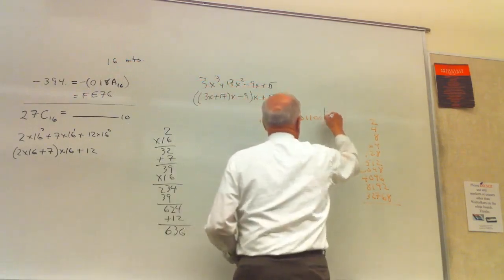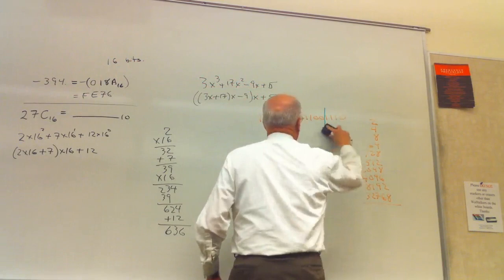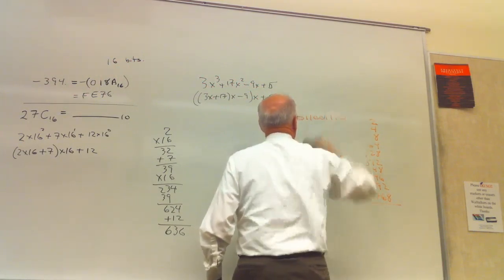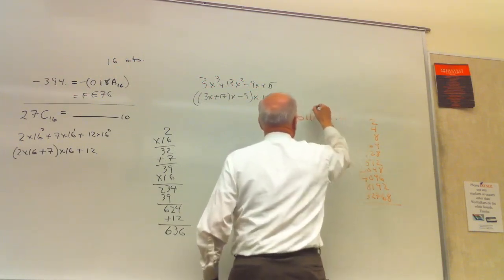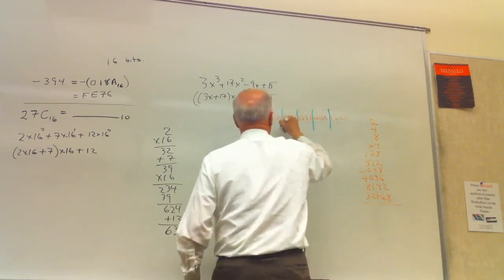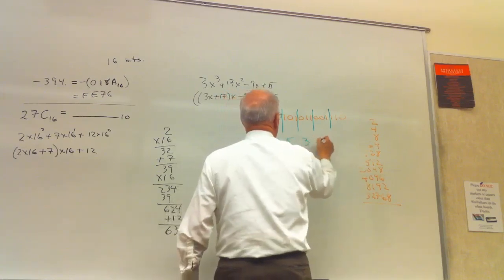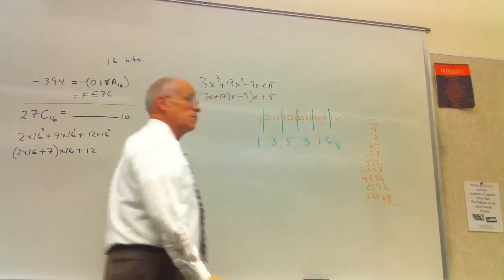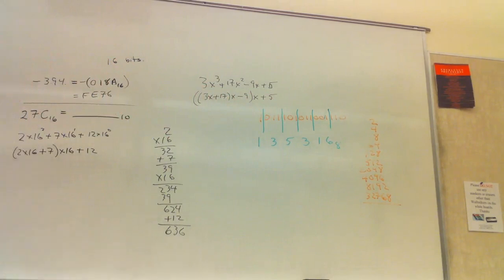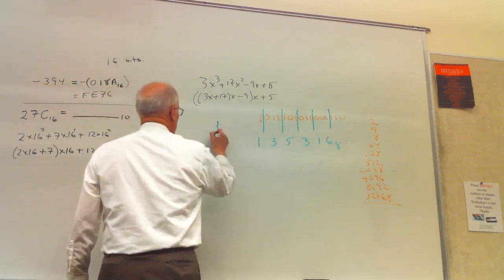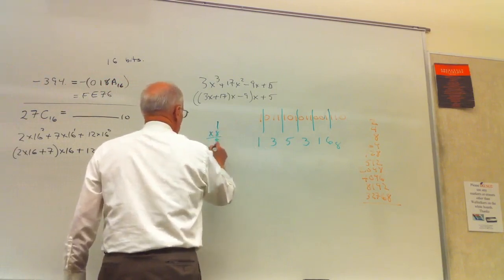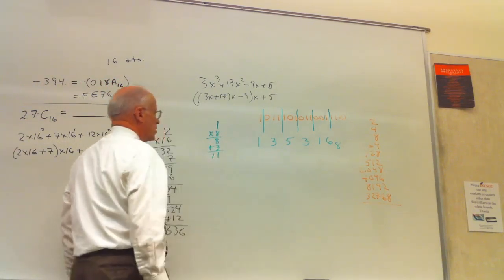Instead of doing that, well, I've done it in terms of hex. Let's do it in terms of 3 digits. Do it in base 8. In base 8, we have 1, 3, 5, 3, 1, 6. Base 8. Okay? Just, like I say, right off of that table. So now to convert that, we take our first digit, multiply by the base, add the next digit.